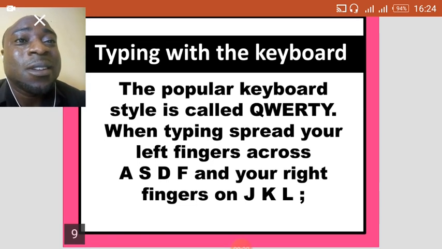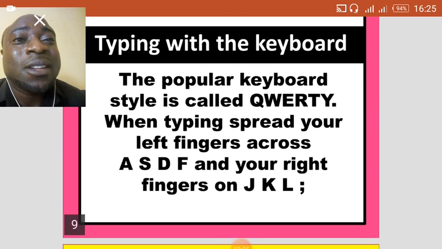All right, now whenever you want to type with a keyboard, you spread your fingers. But you need to position them in a certain way so that you can move freely on the keyboard, and also be able to type fast. That is why they design the keys like that.